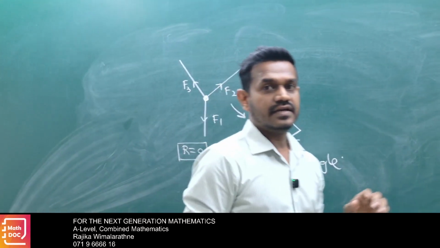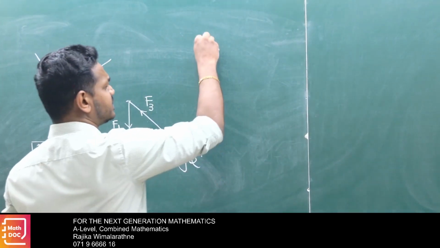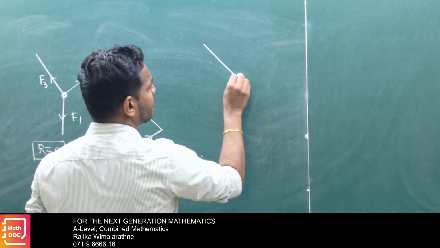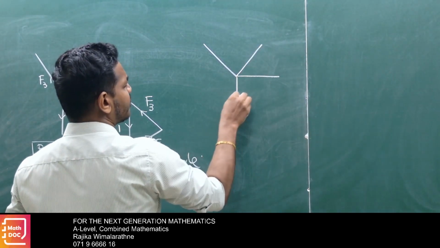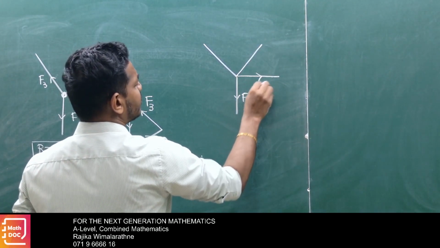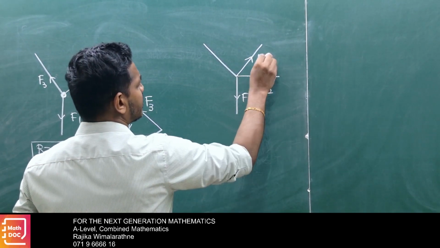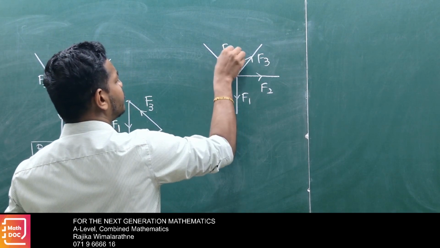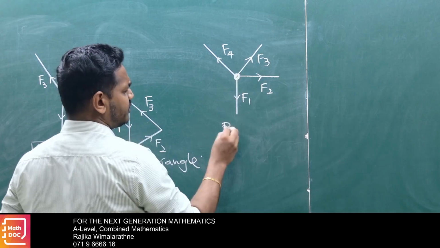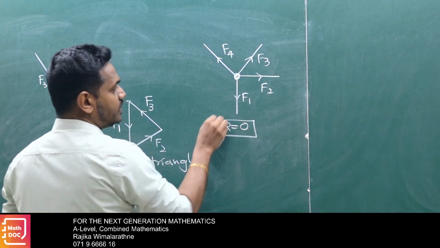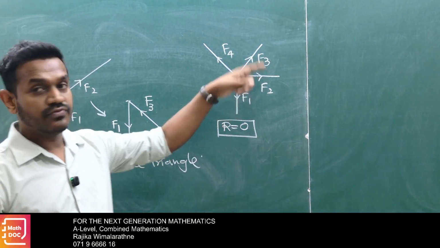Let's see another one. Consider another vertex like this. Here F1, F2, F3, F4. If this particle is in equilibrium, there is no resultant, which means we can sketch a force polygon. We have 4 forces now.